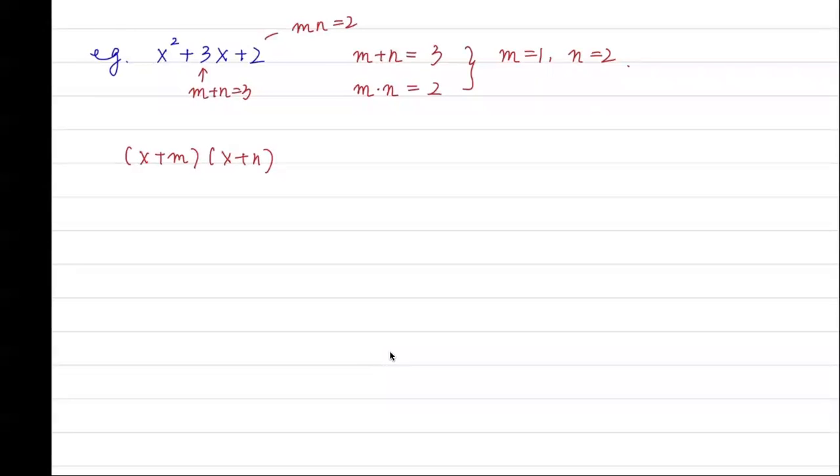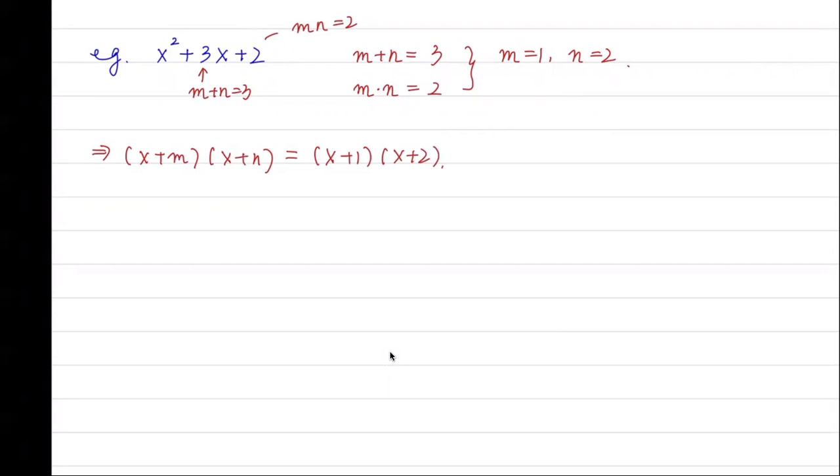Whether m is equal to 1 and n is equal to 2, or m is equal to 2 and n is equal to 1, does not matter here, because if we switch two terms in multiplication, the result stays the same. So we get x plus 1 times x plus 2. This is our answer.